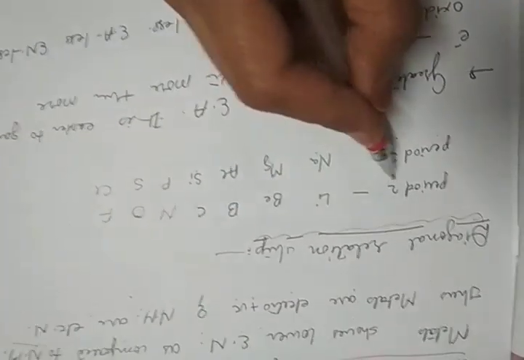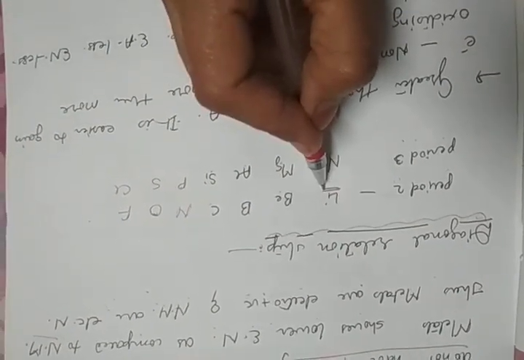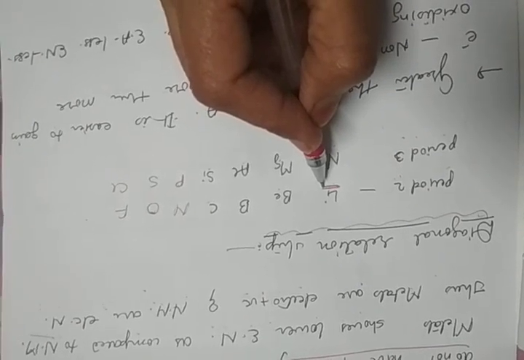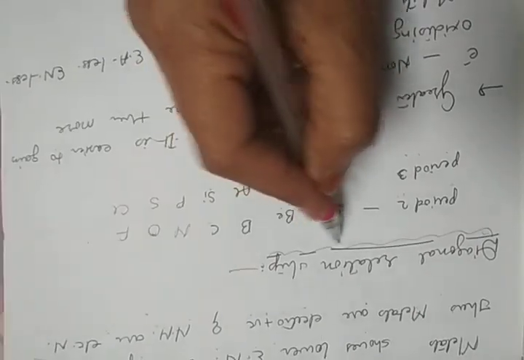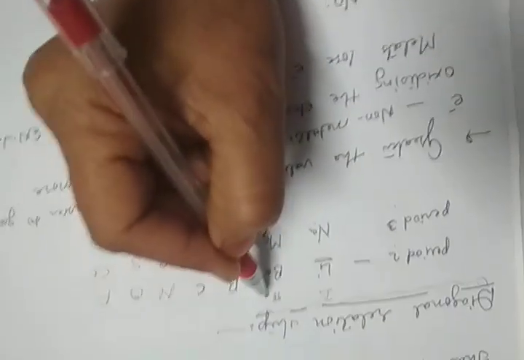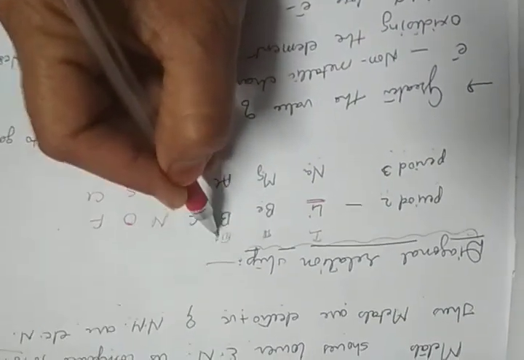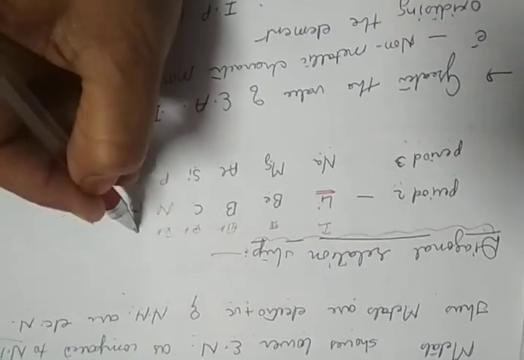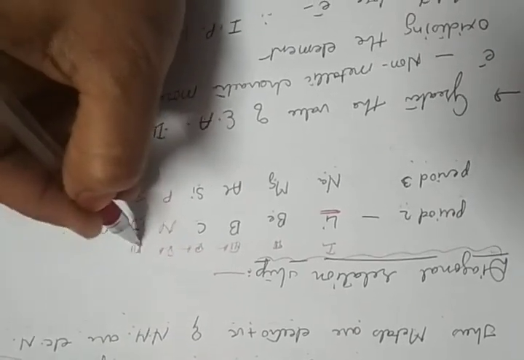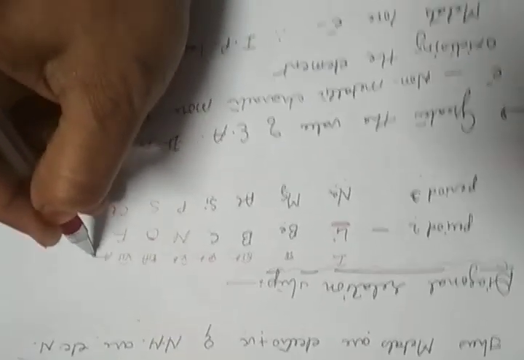Now the elements of the second period have some similar properties with the next group of the third period. This is the first group, second group, 3A group, 4A group, 5A group, 6A group and 7A group.